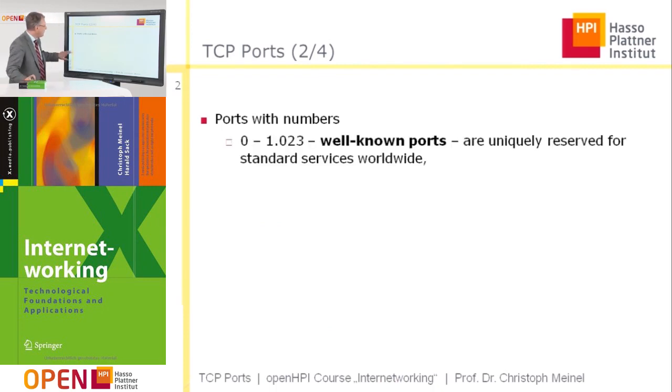Now we have different types of ports. We have ports with numbers 0 to 1023. These ports are known as so-called well-known ports. These well-known ports are uniquely reserved for standard services worldwide.